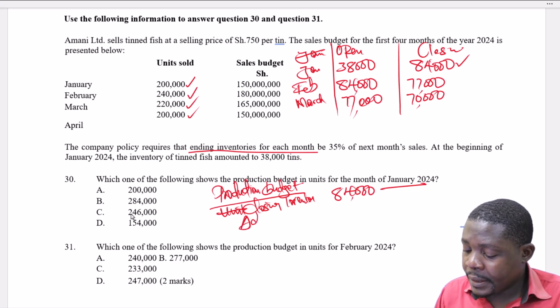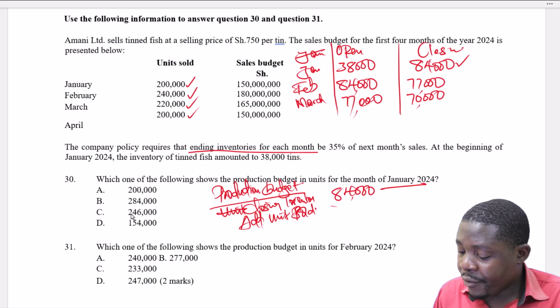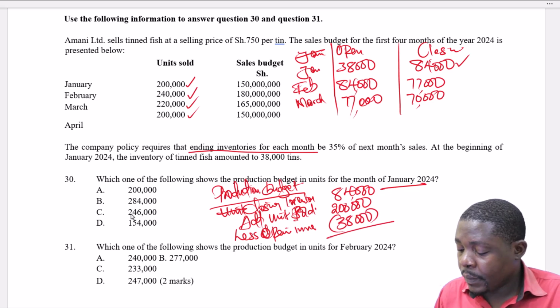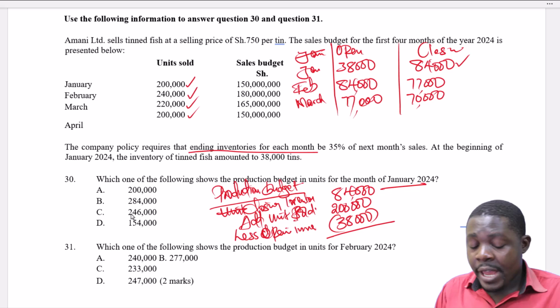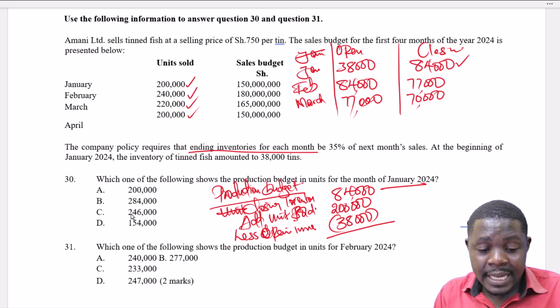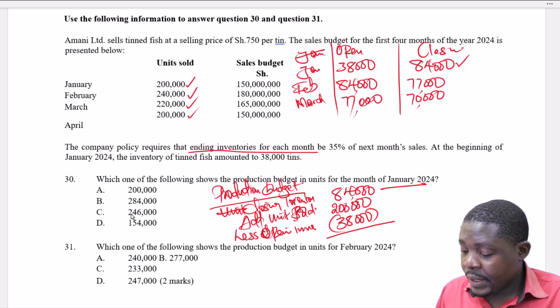We add units sold for January, which are 200. Then less opening inventory, which was 38. Let's try and see: 8400, we add 2000 minus 38, we get 170 400.